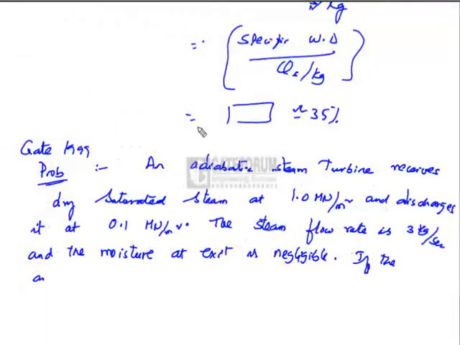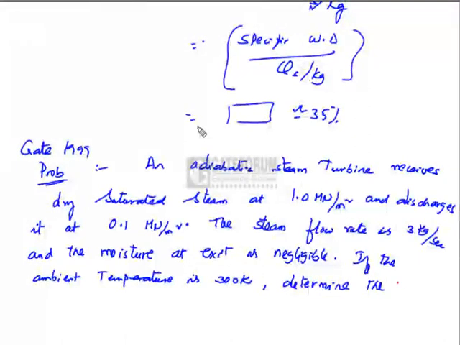If the ambient temperature is 300 K, determine the rate of entropy production and the lost power.